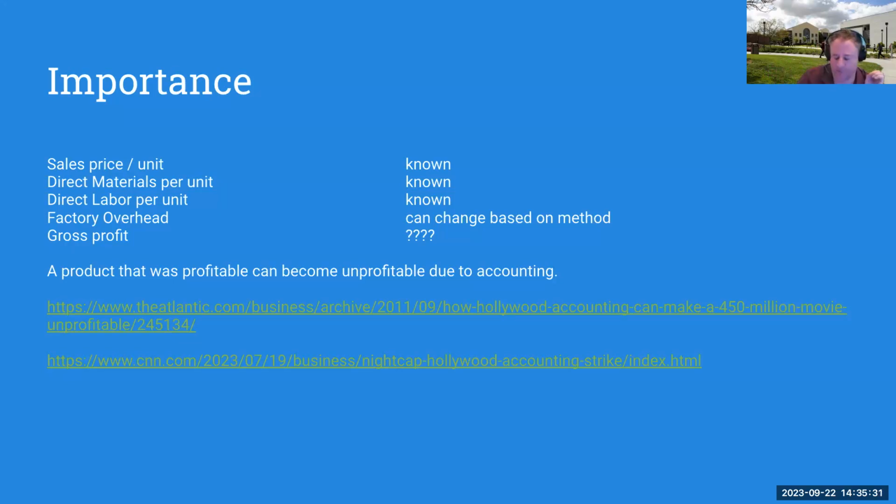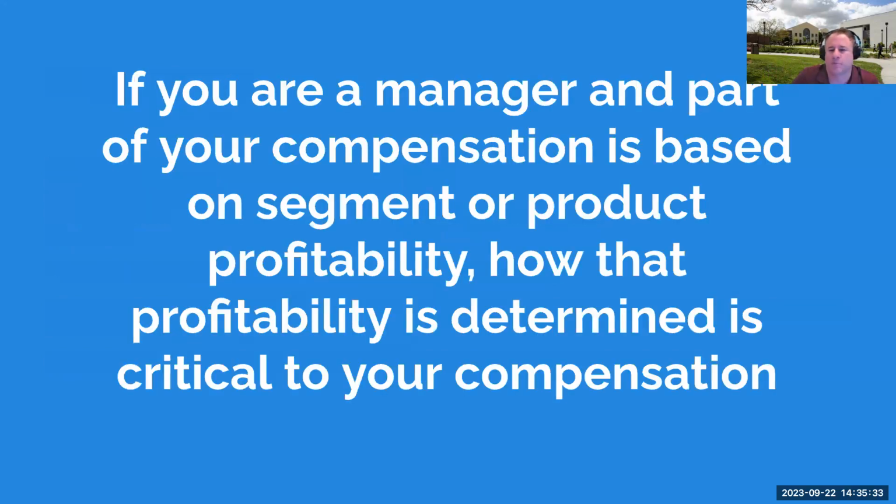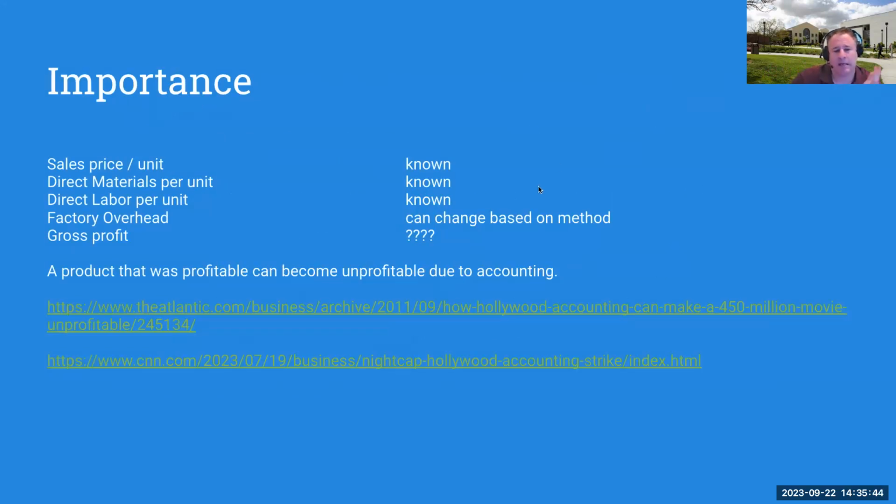And why this is so important is that if you're a manager and part of your compensation is based on a segment or on product profitability, and these factors here are known but you don't know what the overheads are, that's a problem.